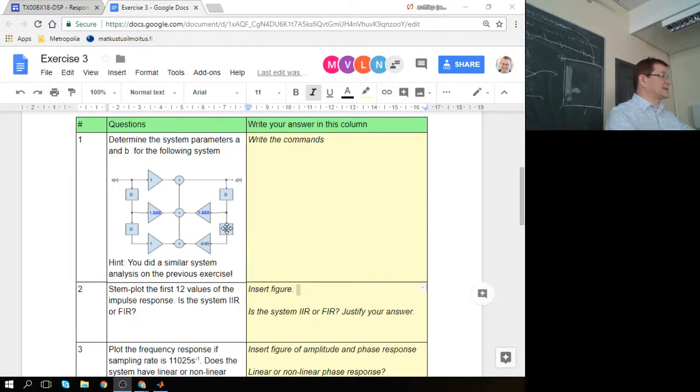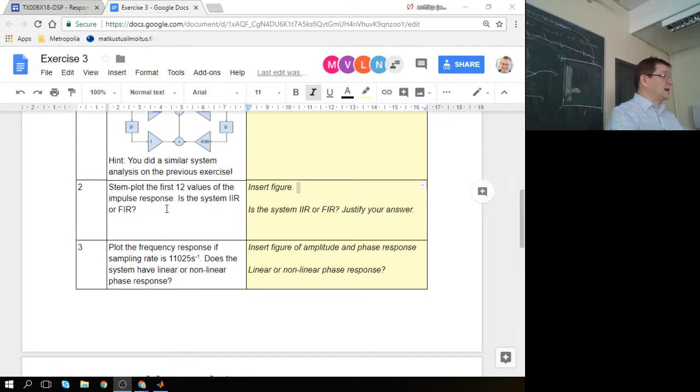Determine the system parameters A and B from the following system. Then, from the first values of the impulse response, figure out if this is an IIR or FIR system. IIR is simply infinite impulse response, nothing more. FIR is finite impulse response, finite meaning it ends at some point and it's totally zero after that.